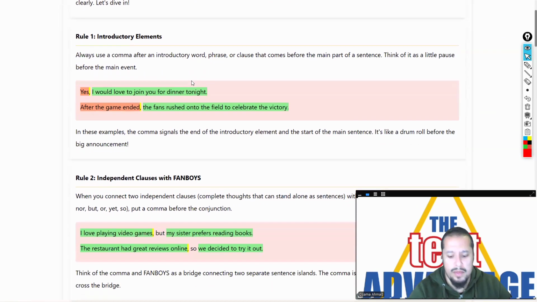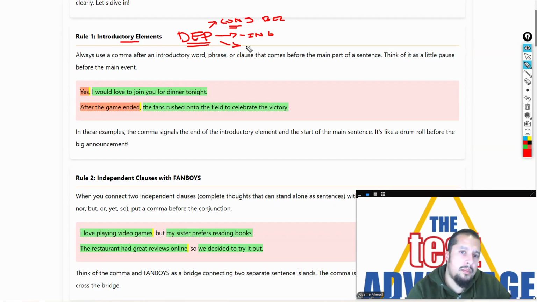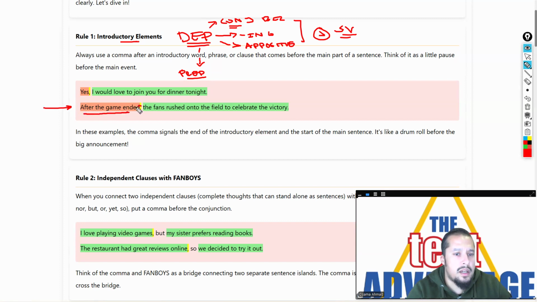So first, introductory elements. An introductory clause, we've taken those. Remember the dependent ideas that begin with a conjunction, like since or because, for example. If it begins with an ing phrase, or with an appositive, we took that in the last lesson, or a non-essential clause. What else, guys? For example, a prepositional phrase. So if I begin a sentence with an introductory phrase, which is always dependent, it must come with a comma and then subject and verb. For example here: After the game ended, comma, the fans rushed onto the field to celebrate the victory.